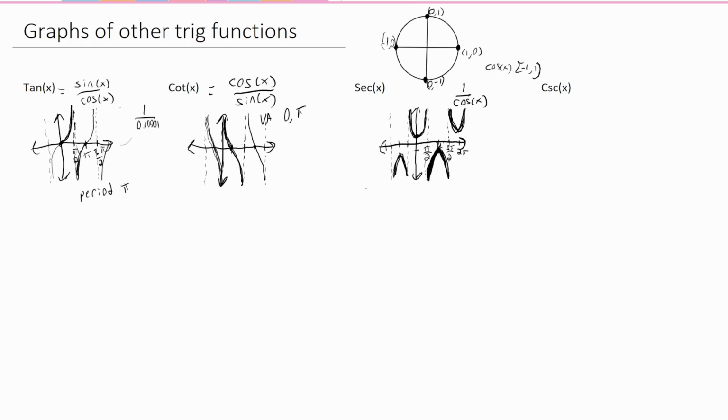Now, the interesting thing about this pattern is how it relates to cosine. So if we were to plot the graph of cosine, cosine starts at 1, then at pi over 2 it goes to 0, then it goes to negative 1 at pi, then it goes back to 0 at 3 pi over 2, and then it goes back to positive 1 at 2 pi.